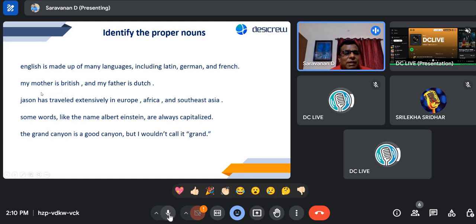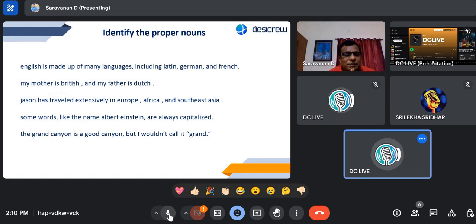Okay, the next sentence, Shakti: My mother is British and my father is Dutch. Please tell me which is a proper noun and where the capitalization will be required. Okay, British and Dutch. Fantastic.